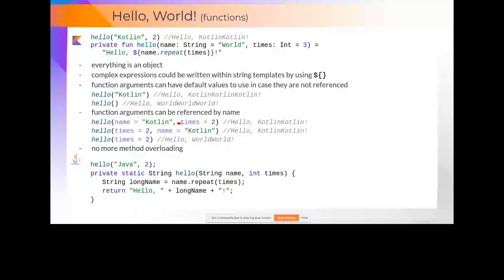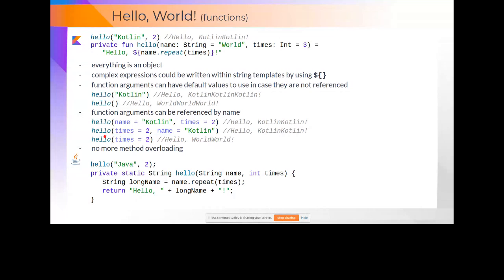This also allows you to change the order of them. So if for some reason it's easier for you to change the order, then you can. It's very flexible, and this also allows you to skip the first argument if it has a default value. And in Java, you cannot do this. If you would like to do something like this, you have to use method overloading, which means you have a lot of hello functions with different signatures, and all of them call one hello function.